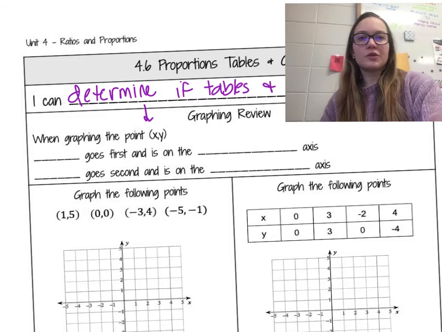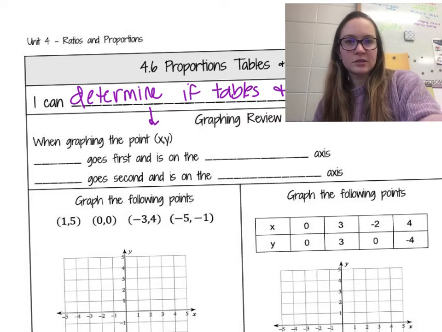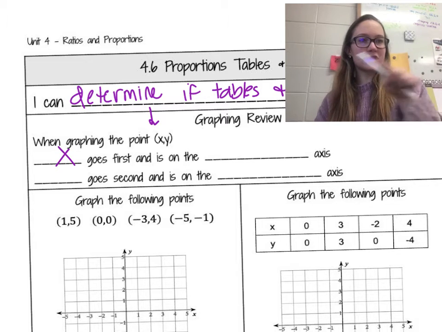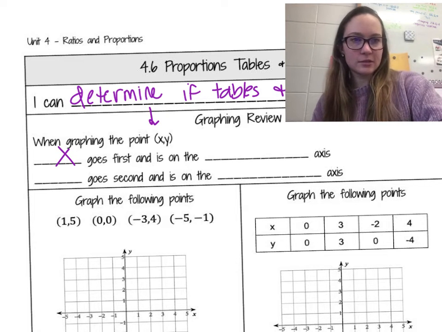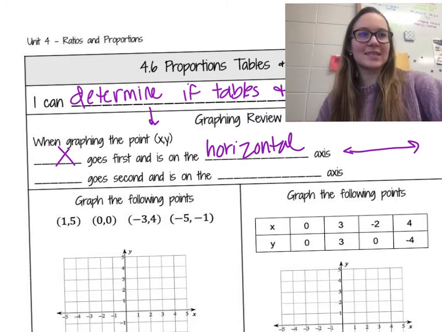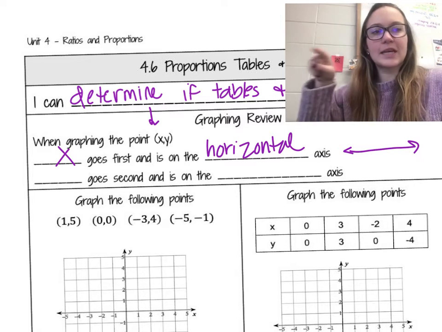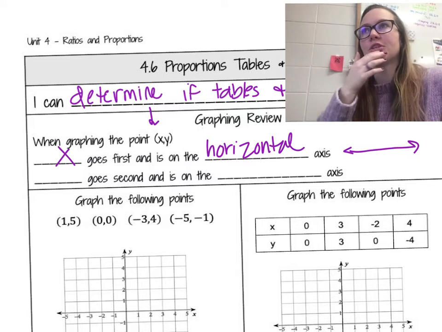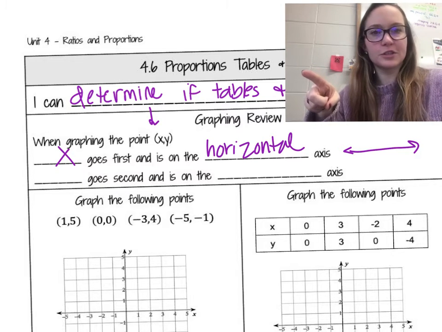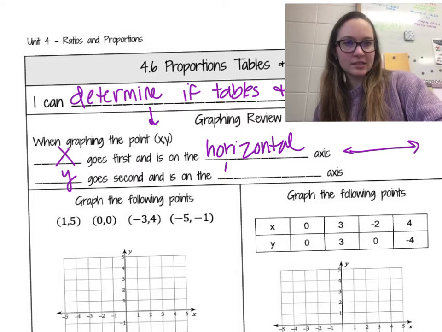Okay, so when you're graphing it, the X value goes first, and it's the horizontal axis, which is the side-to-side guy. So side to side is X. So you're going to do your side-to-side value first. And then Y goes second and is on the vertical axis.